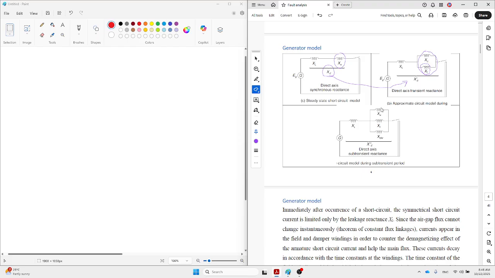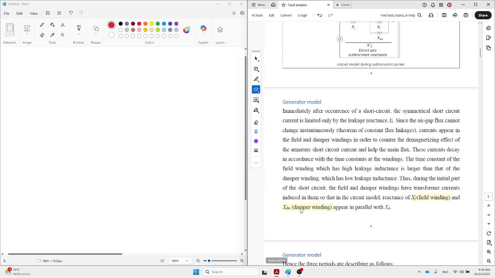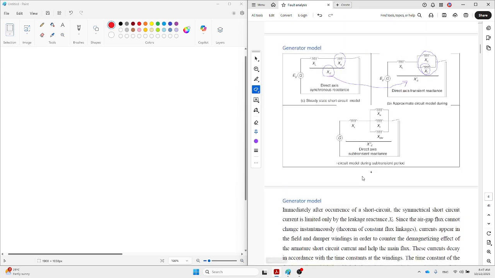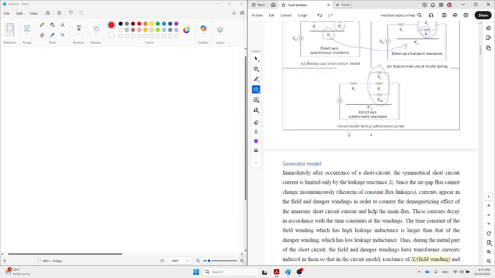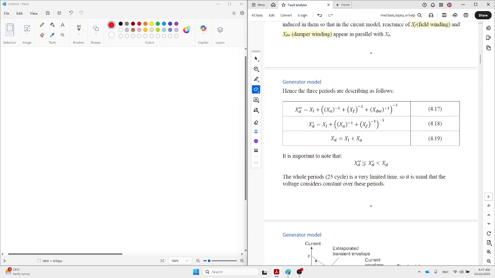And finally, during the subtransient, not only XA and XF but also the damper windings affect. So these three are connected in parallel, and the final equivalent is smaller than all of them. Then you can see XD double prime is the smallest one, and XD is the biggest.